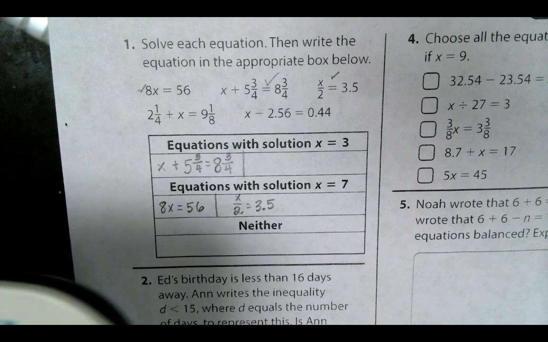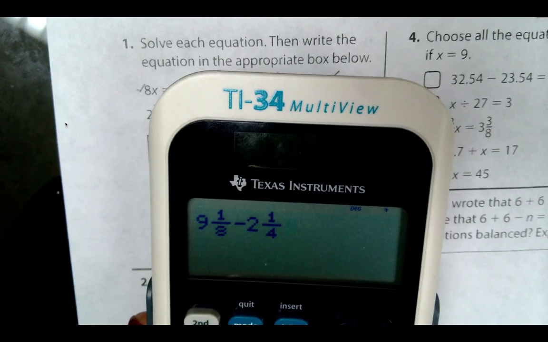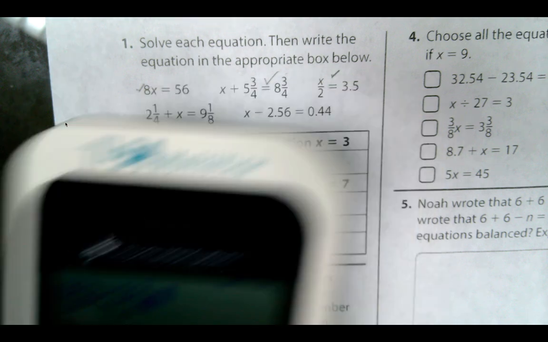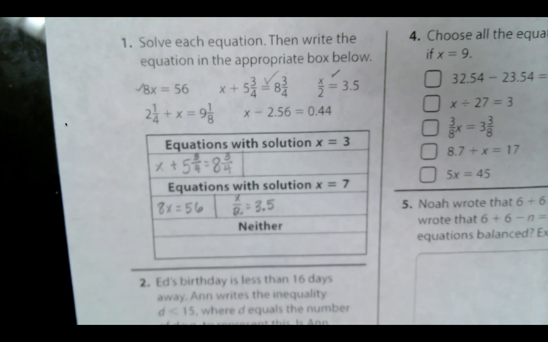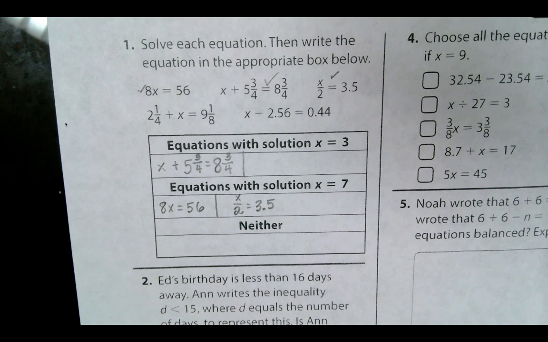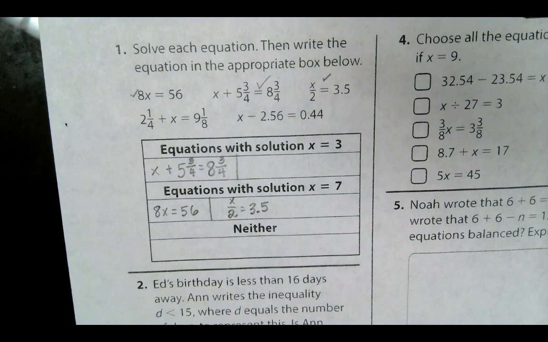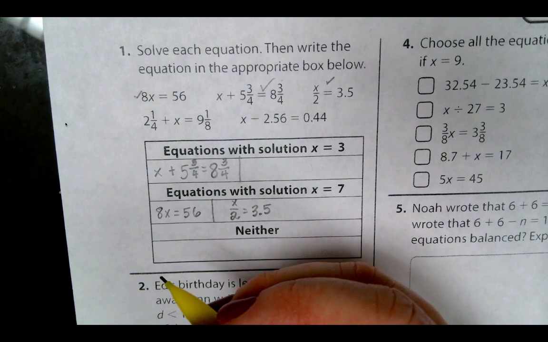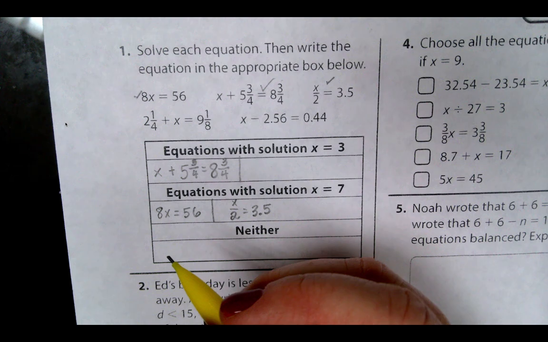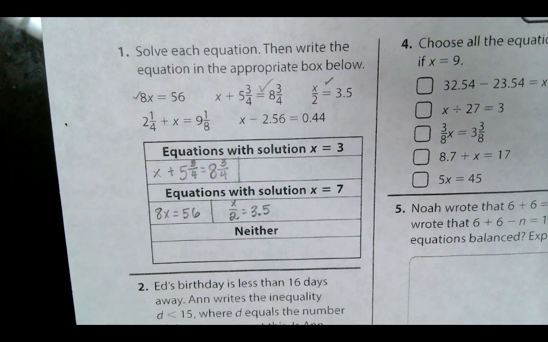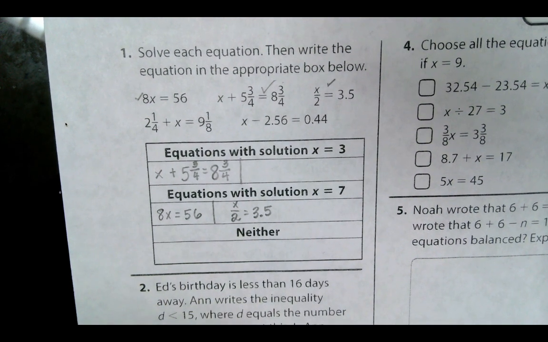Look what I just did. I'm putting it in my calculator. You can do the same. As I said before, I'm recording this lesson. I get 6 7/8. Is that an option? No, so where would that fall under? Neither.